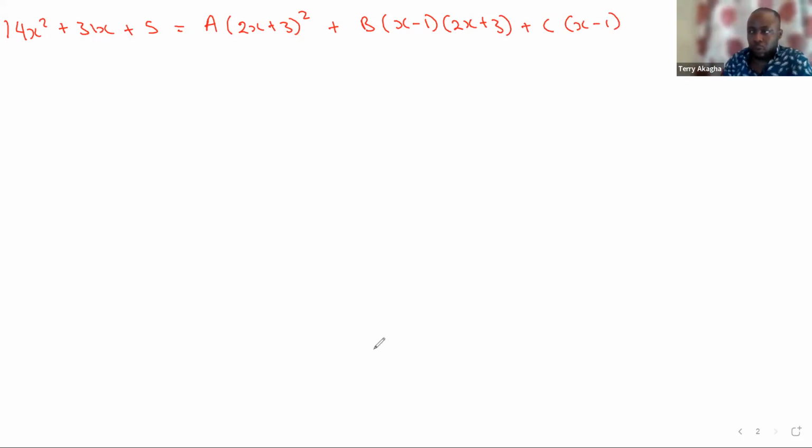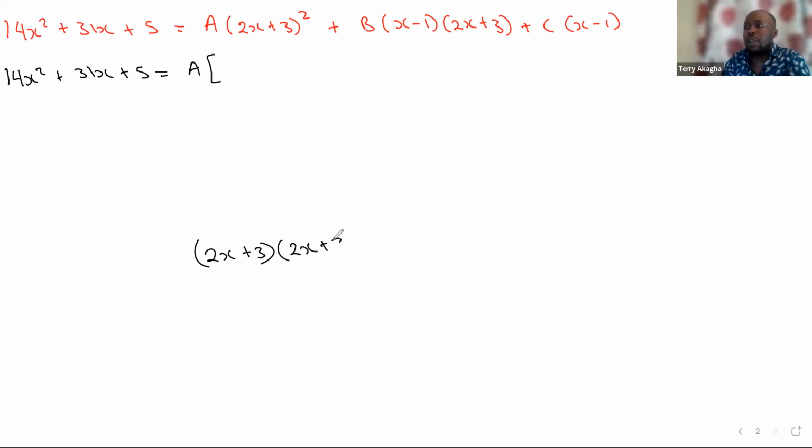If you expand the brackets, it's going to be 14x squared plus 31x plus 5 equal to a. When you open the bracket for this, remember you have 2x plus 3 and another 2x plus 3. 2x times 2x will give you 4x squared. Then 2x times 3 is going to give you 6x. 3 times 2x is going to give you 6x.